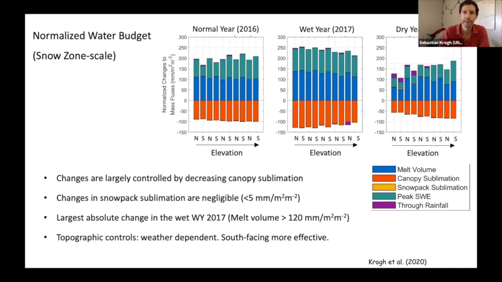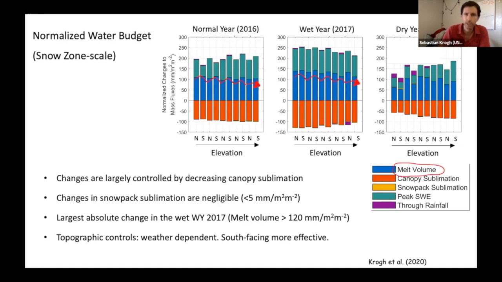You can see that overall the main changes come from a strong decrease in canopy sublimation, in orange, that is somewhat consistent throughout the domain. You can also see that there is an annual variability. So the dry year has a much different behavior in terms of normalized changes than the normal and the wet year.